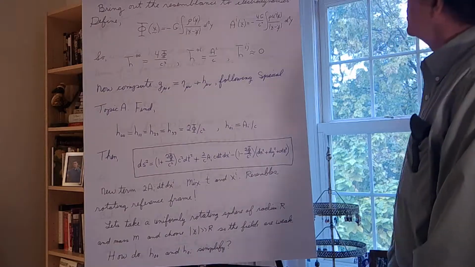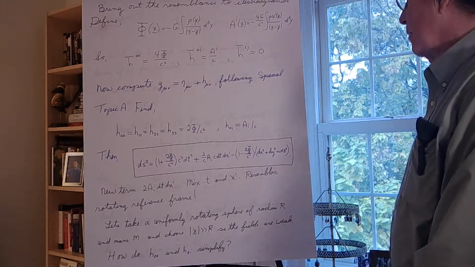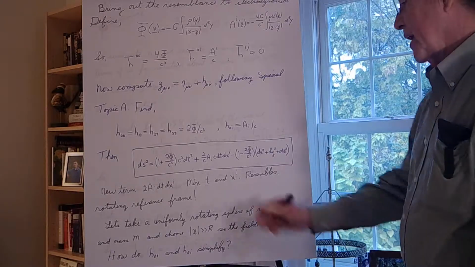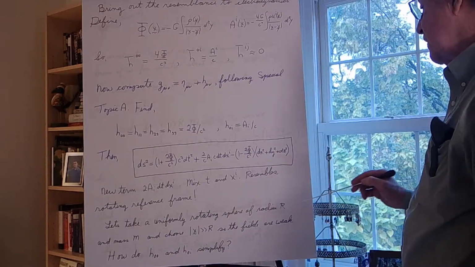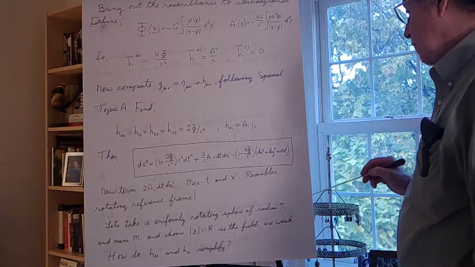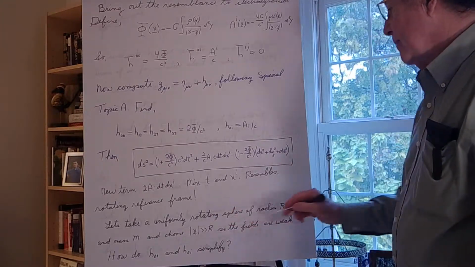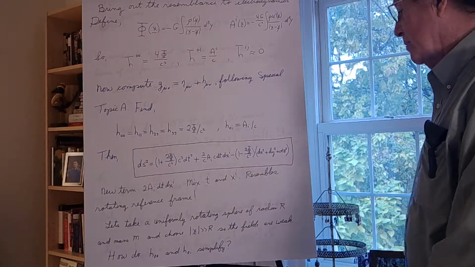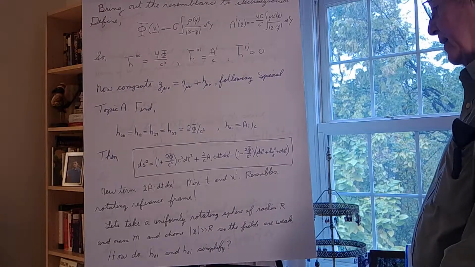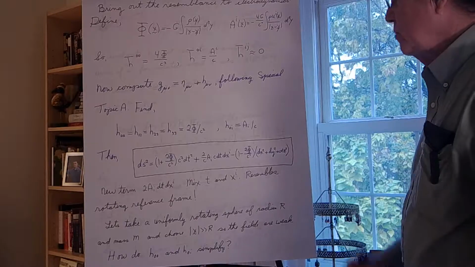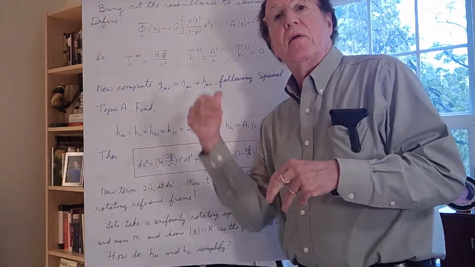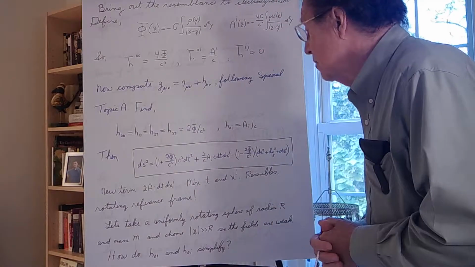Okay, so let's specialize to a problem where I can do everything very explicitly, and certainly that's going to be the case. Where I take a uniformly rotating sphere, okay, of radius capital R and mass m, and I choose my point of observation far away so the fields are weak. Okay, well, if it's a sphere of constant charge density, of course, then I know how to do my integrals.